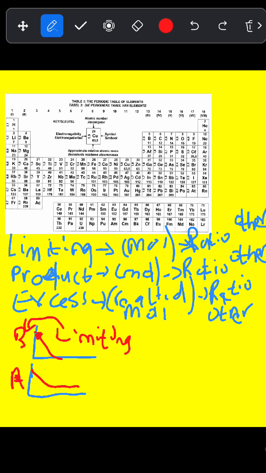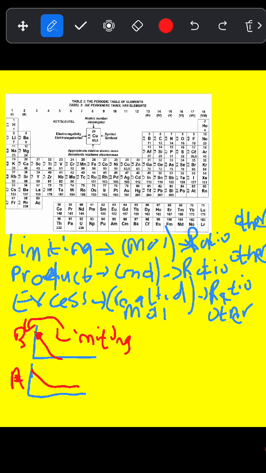Now, this graph represents a substance that is not finished. It is not completely used up. Here, the substance drops until its amount is equal to zero, but this one does not drop up to zero. So this represents the graph of an excess reactant, because it's not completely used up.